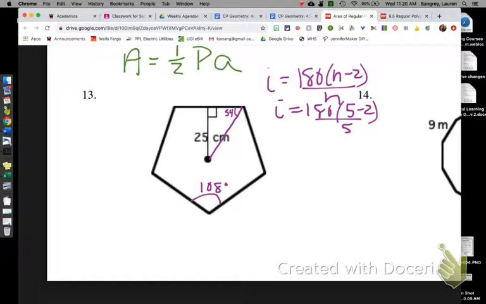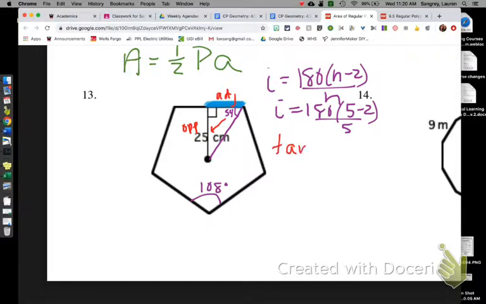Now we need to work on getting the perimeter, which means I want this blue piece of my right triangle. So in this right triangle, we know one angle and we know one side. So we're going to want to use trig. So the side that I know is the opposite. The side that I want is adjacent.